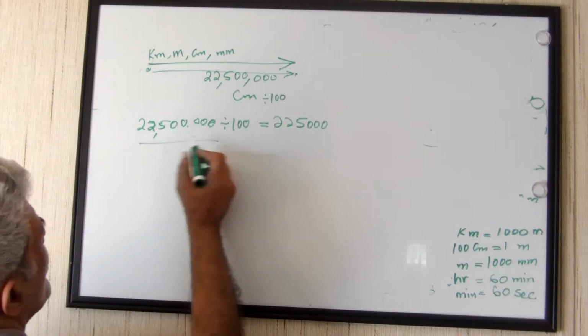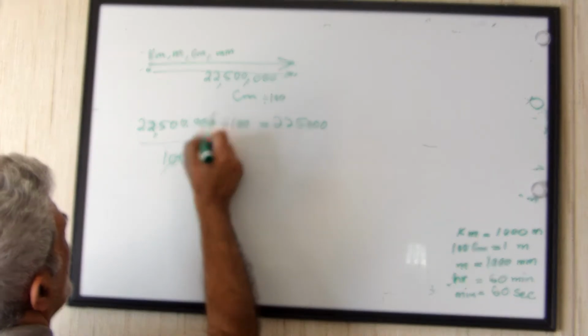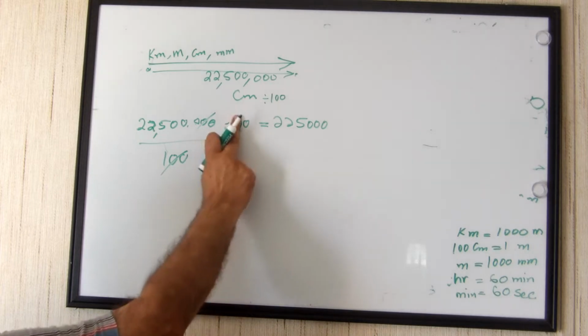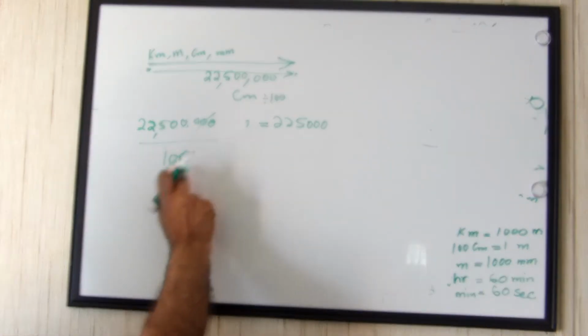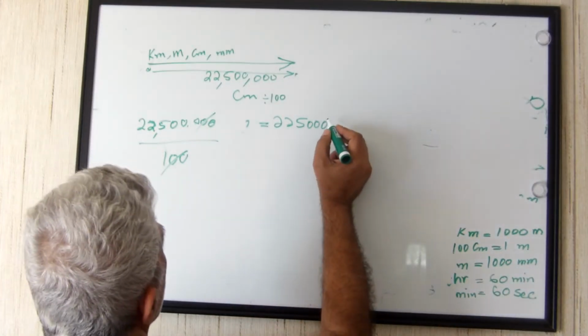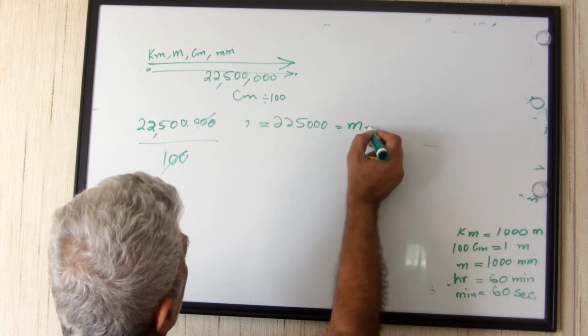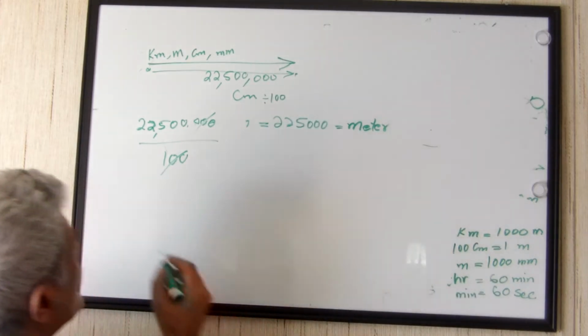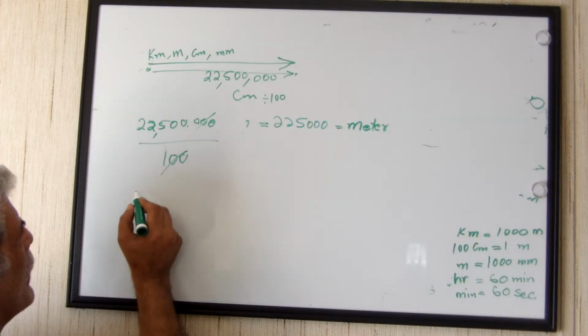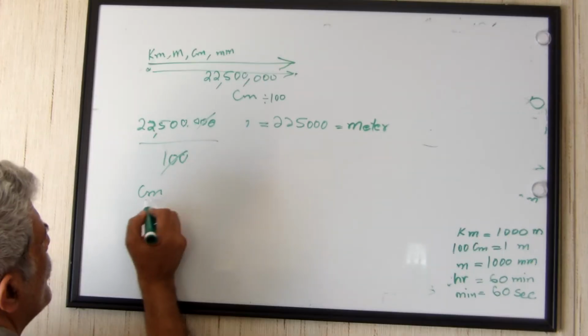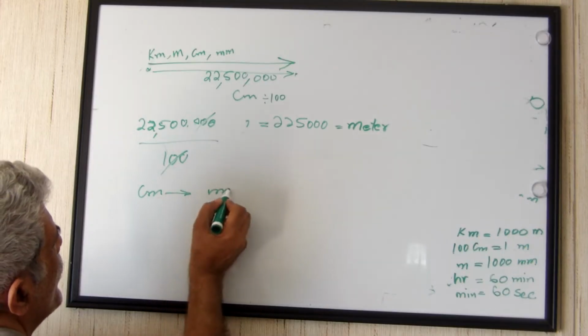See, actually what happened is, say 100, two of these cancel out, and if we use division here, that is divided by 100, it's going to be meter. See, what we did is we changed centimeter to meter.